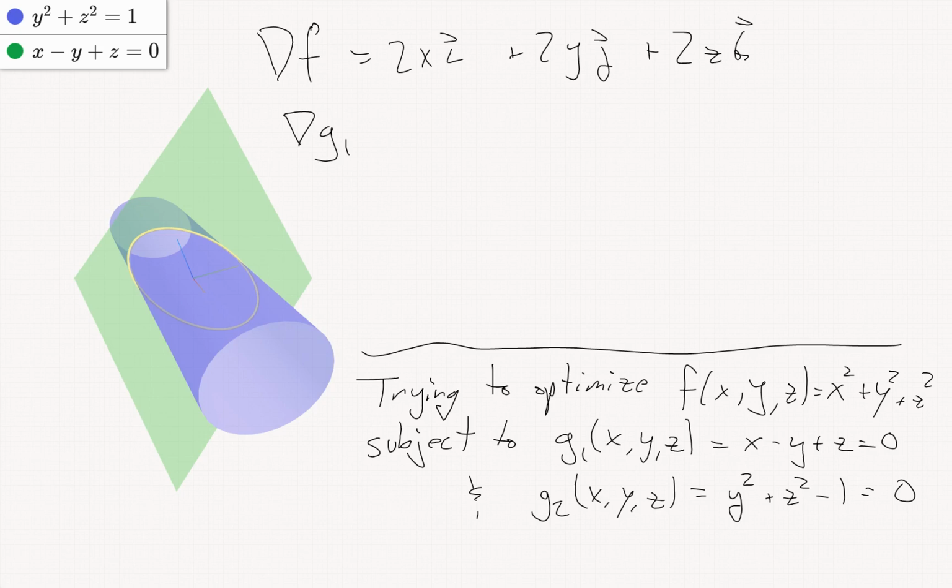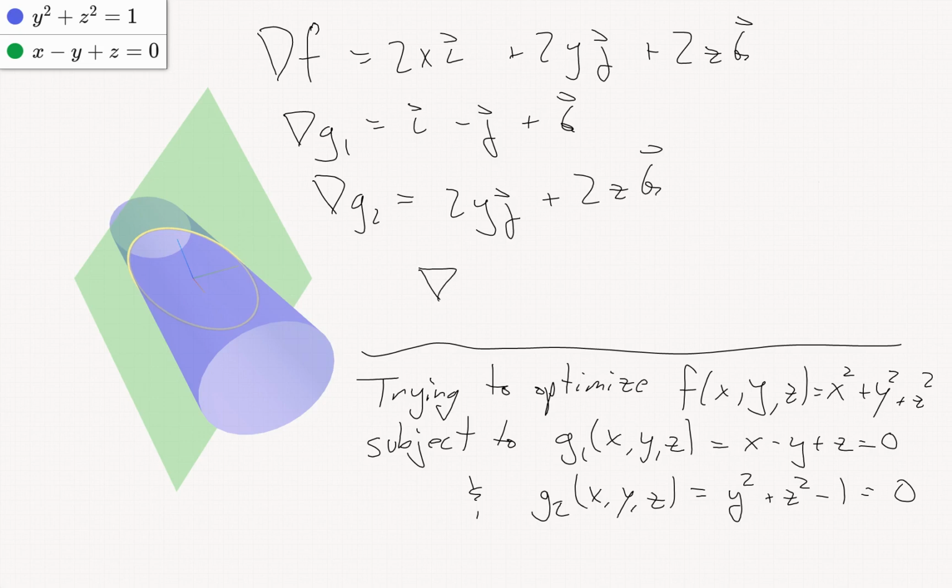Nabla g1 is i minus j plus k, and nabla g2 is 2y j plus 2z k. And so our equation is nabla f is lambda nabla g1 plus mu nabla g2.